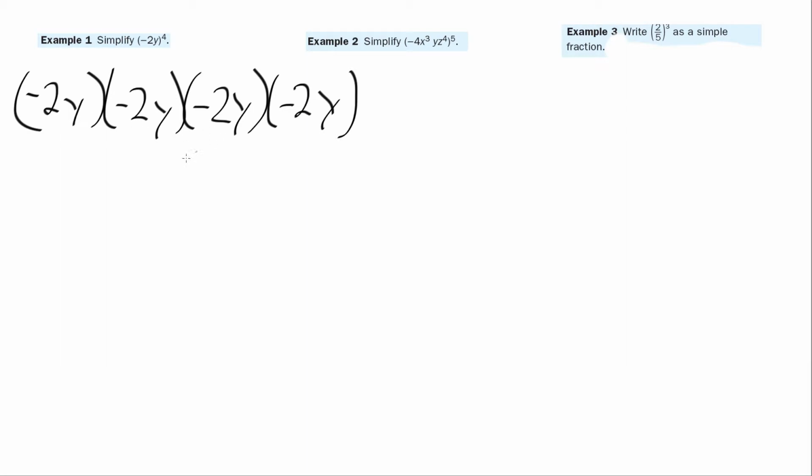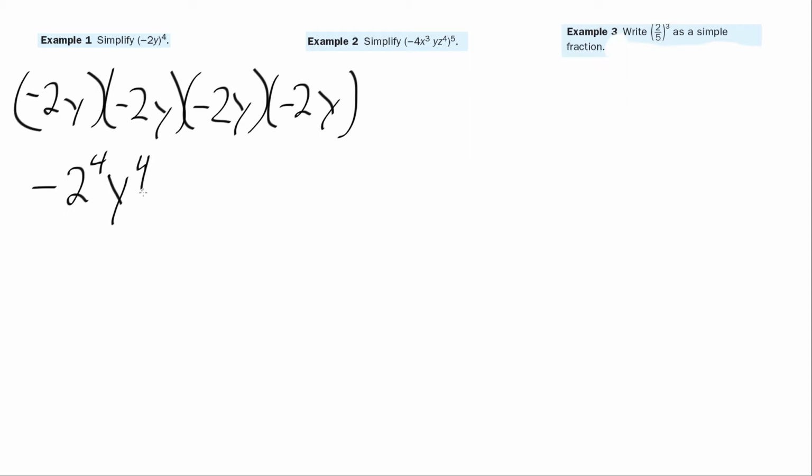Again, these are associative and commutative, so I get negative 2, 1, 2, 3, 4 of them, so negative 2 to the fourth. And then for the y's, 1, 2, 3, 4, y to the fourth.